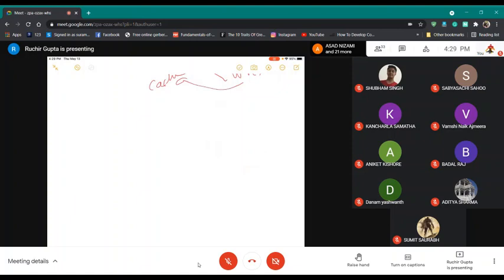So let's first discuss the structure. For structure we use a mapping function.